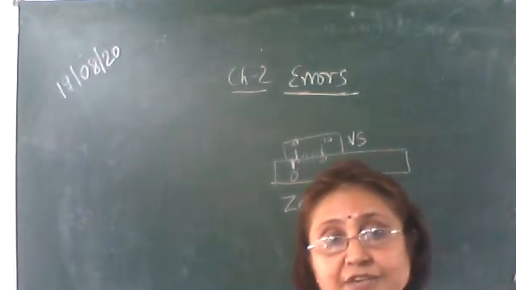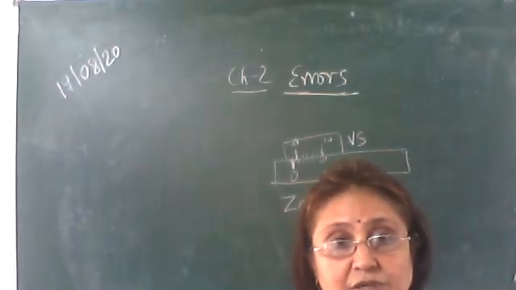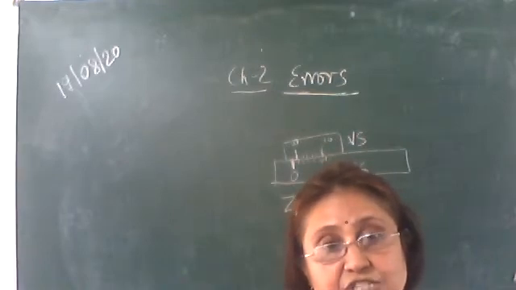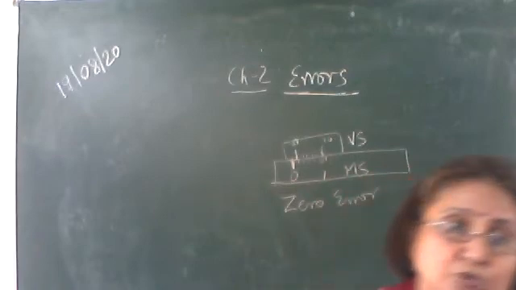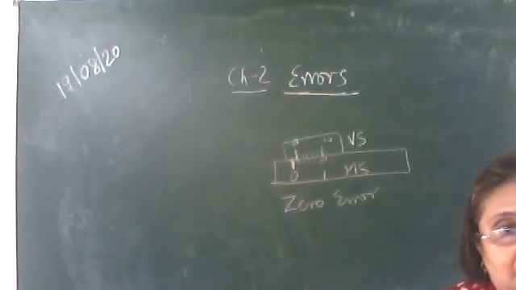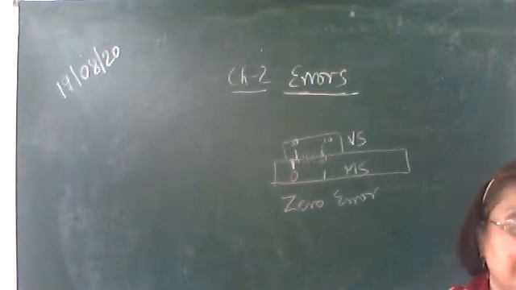Due to the change in physical conditions. When the physical conditions change, some error may also arise. For example, if you are using a metallic scale, we know that in summer the metallic scale will expand, whereas in winter it will contract.